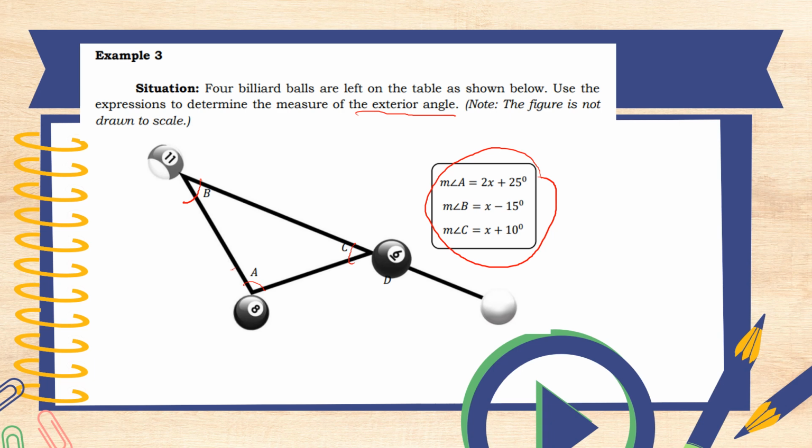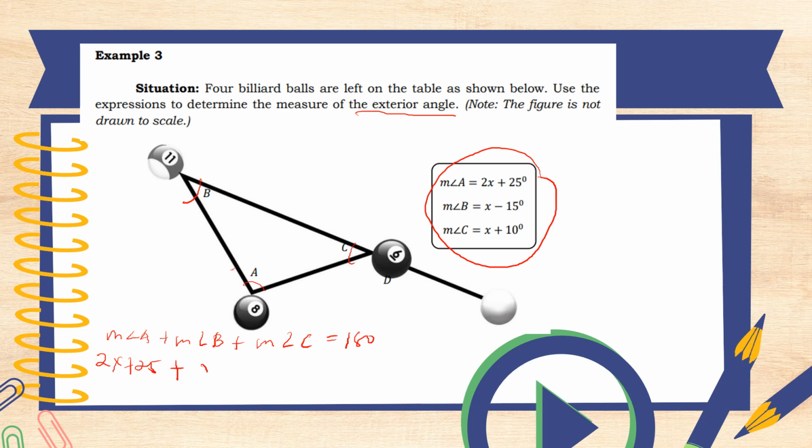Again, the sum of the interior angles of a triangle is equal to 180. So we will have the measure of angle A plus the measure of angle B plus the measure of angle C is equal to 180. Angle A is 2x plus 25.